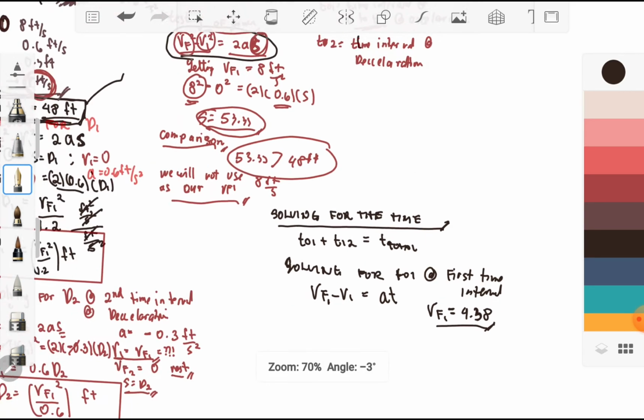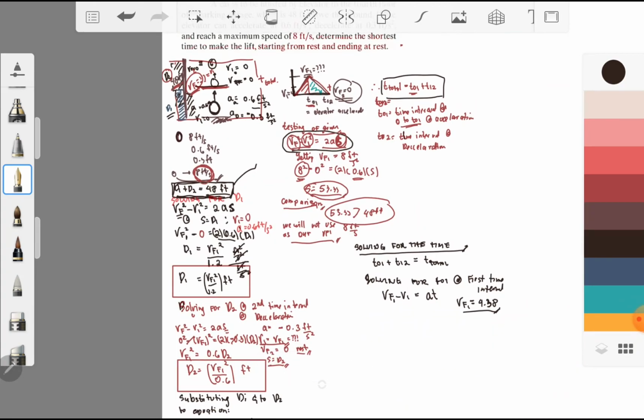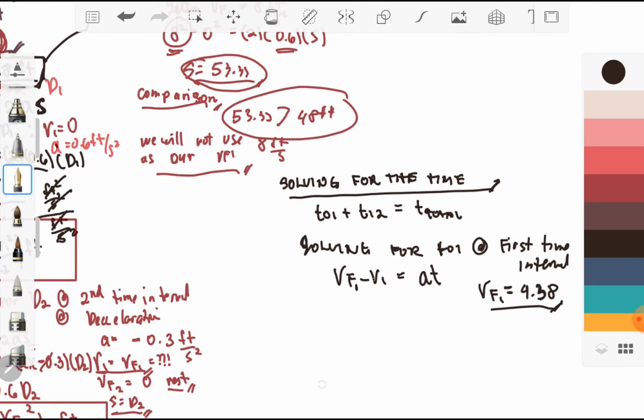So first time interval tayo, ito yun, first time interval sa D1. Okay, so we have our VI is 0 kasi guys starting from rest, so we have 4.38 which is equal to 0.6 multiplied by T. So our T01 is equal to 7.3, kasi round up po siya to the nearest hundredths, 7.30 seconds yan.